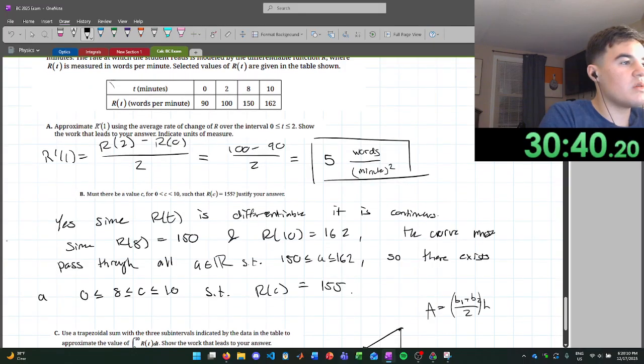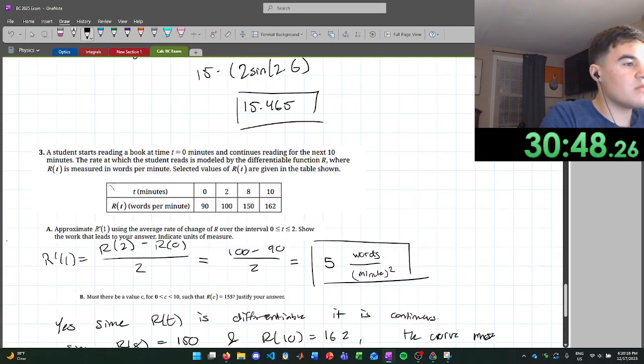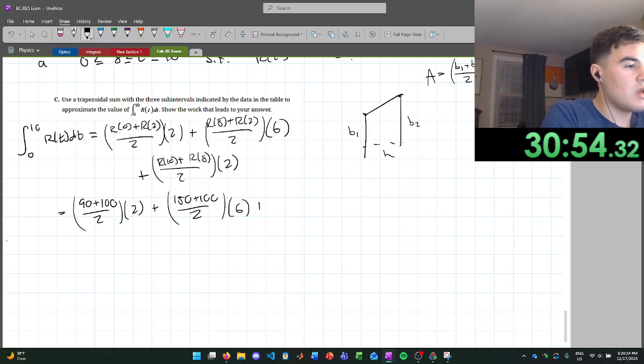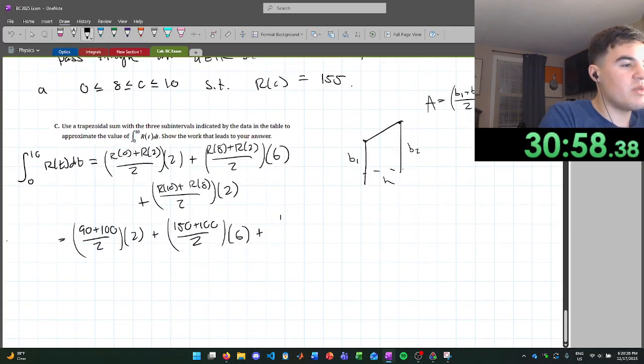r of 0 is 90 plus 100 over 2 times 2, plus r of 8, 150, plus 100 over 2 times 6, plus 162 plus 150 over 2 times 2.